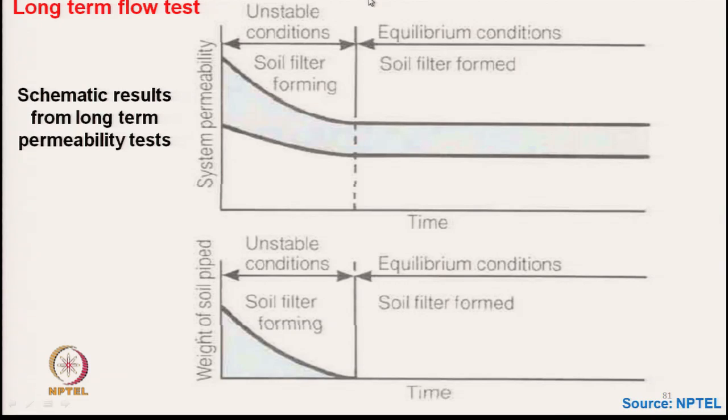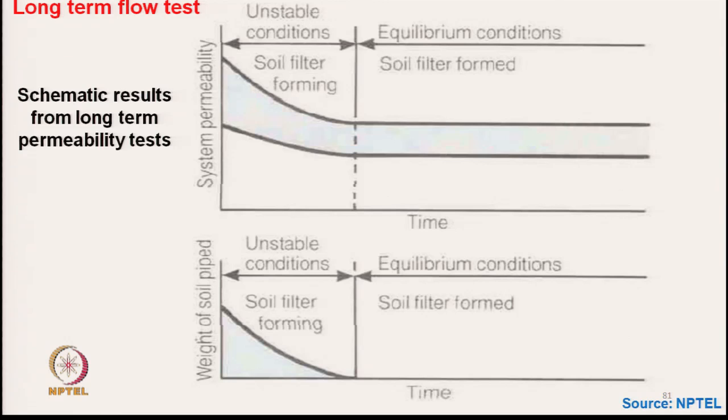Initially the left side is the unstable condition, where soil filter formation is taking place. As I have mentioned earlier, typically the diameter of pores of any geotextile is larger than the smaller particle size.